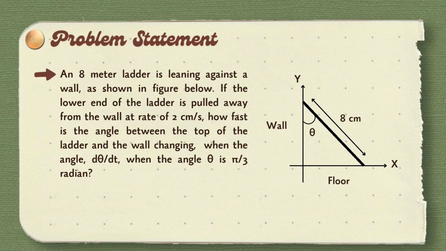As shown in the figure below, if the lower end of the ladder is pulled away from the wall at a rate of 2 cm per second, how fast is the angle between the top of the ladder and the wall changing, d theta divided by dt, when the angle theta is pi divided by 3 radian?